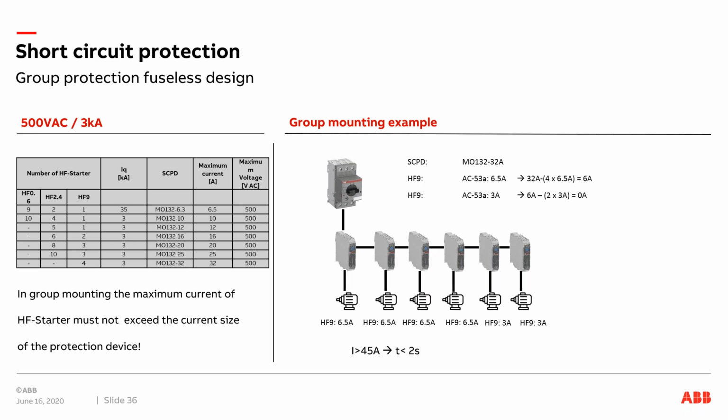You can have a manual motor starter at the top that is magnetic only for short circuit, and in the branches you can have all these starters. You can see around 6 starters downstream, and you can protect them with just one magnetic only manual motor starter.